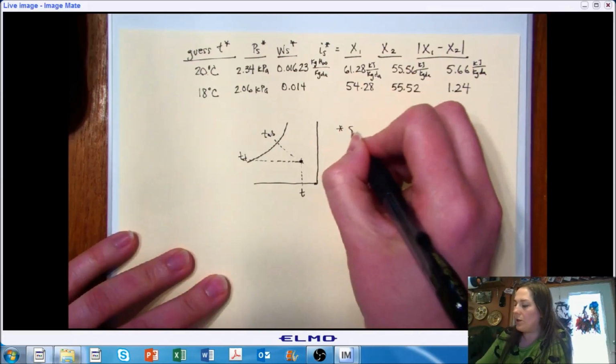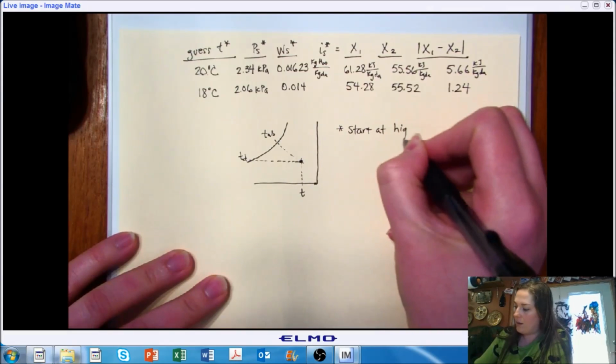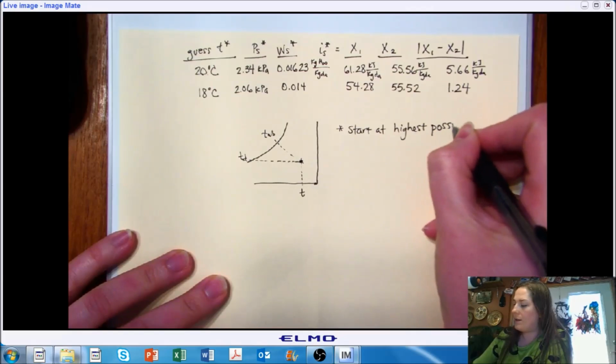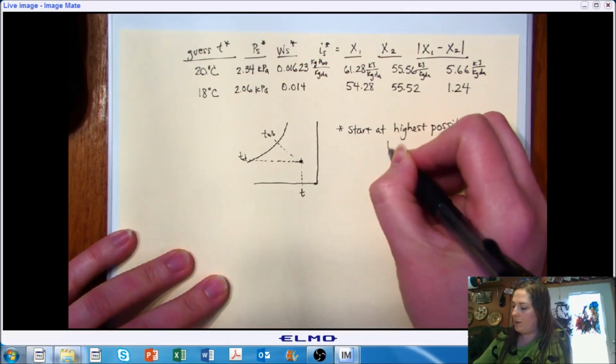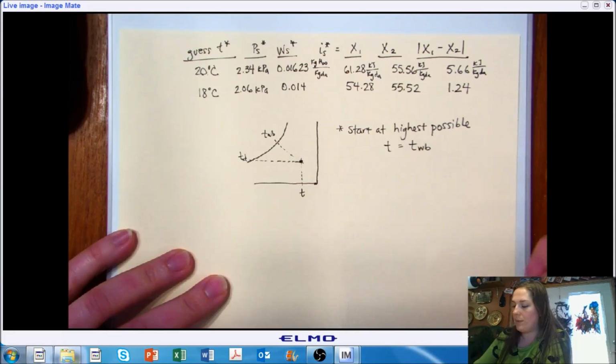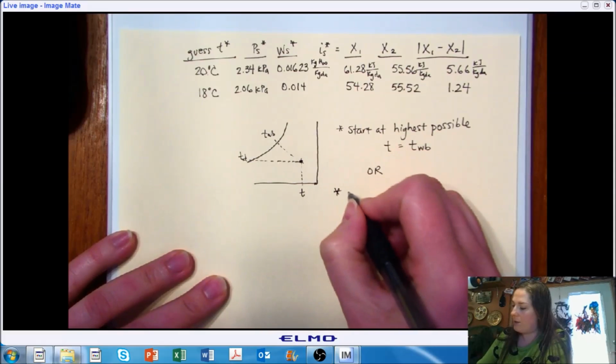So one strategy is to start at the highest possible temperature for your wet bulb temperature. And another strategy is to start at the lowest.